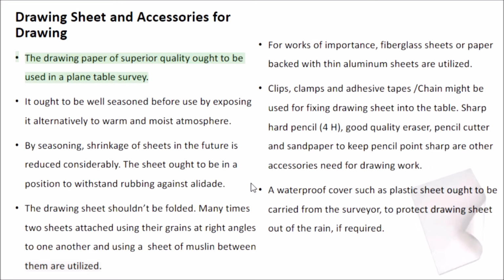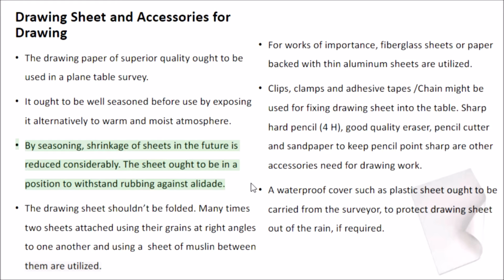The drawing paper of superior quality ought to be used in a plane table survey. It ought to be well seasoned before use by exposing it alternately to warm and moist atmosphere. By seasoning, shrinkage of sheets in the future is reduced considerably.